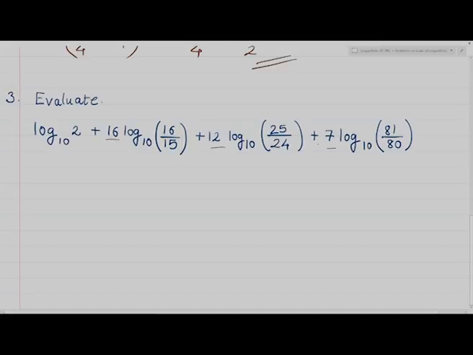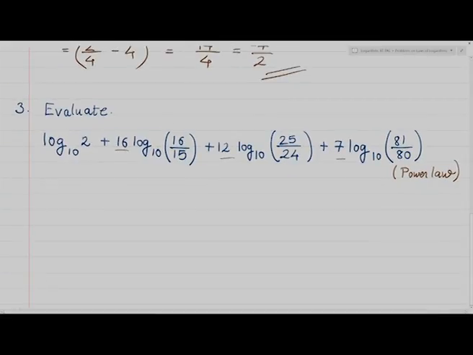So I have to use which rule? Power rule. I have to use power law to simplify. Then I can use quotient law because I have fractions of this form. So I have to use quotient law. What else can I use? Because there are many pluses, there are many additions, so I have to use the multiplication rule also.